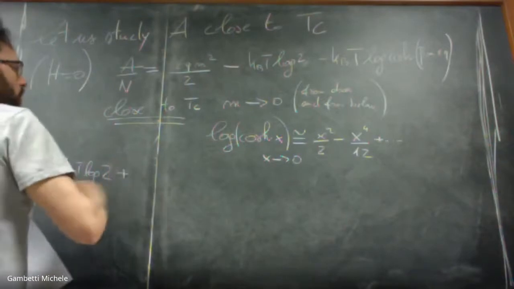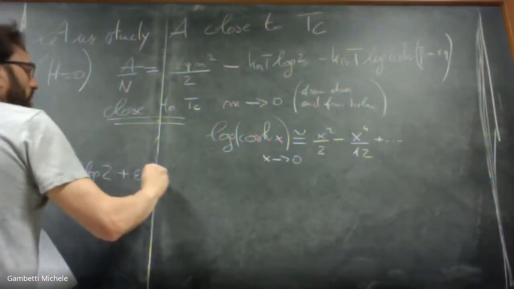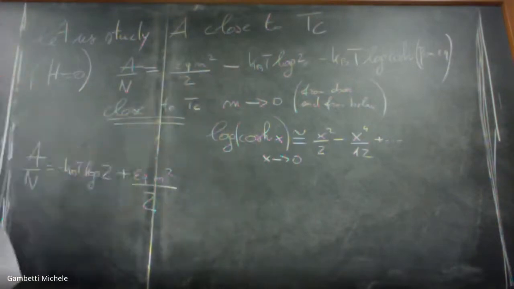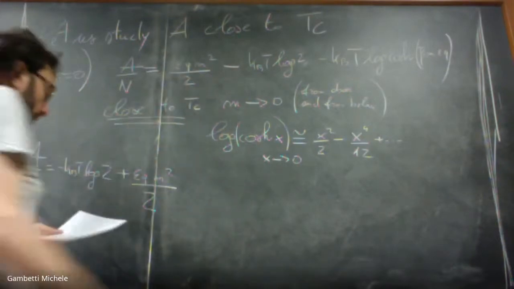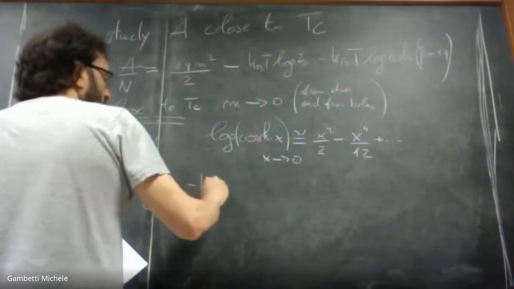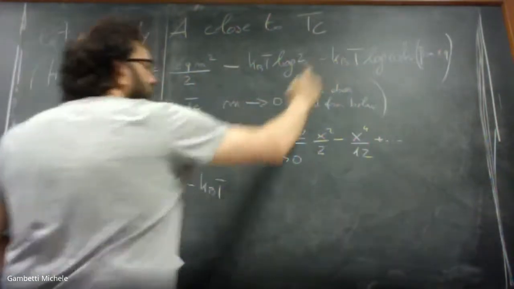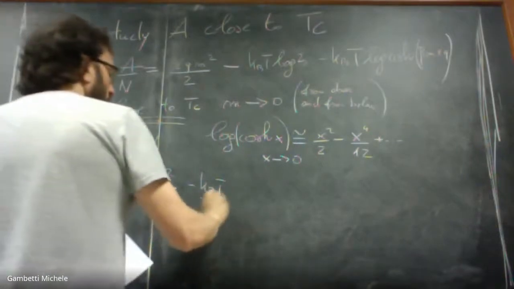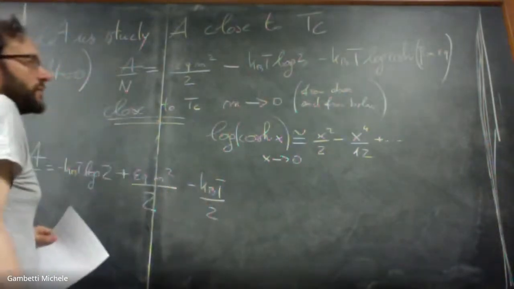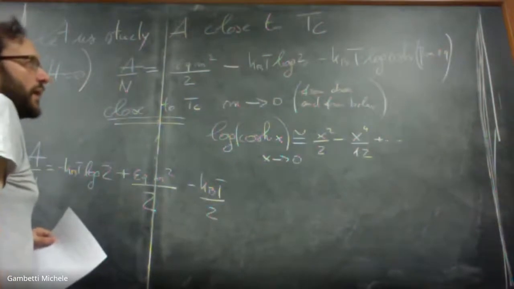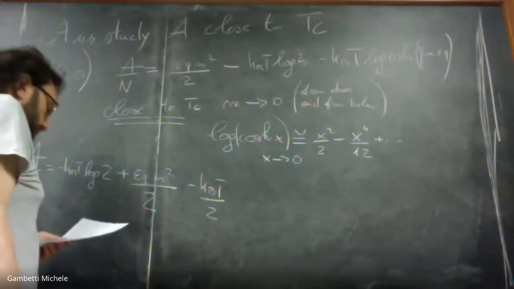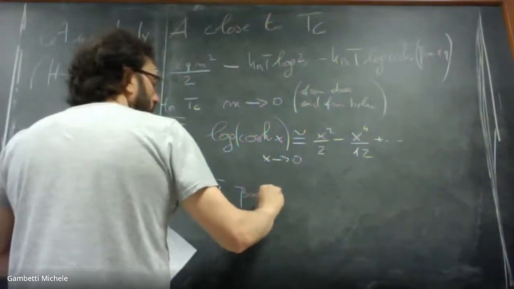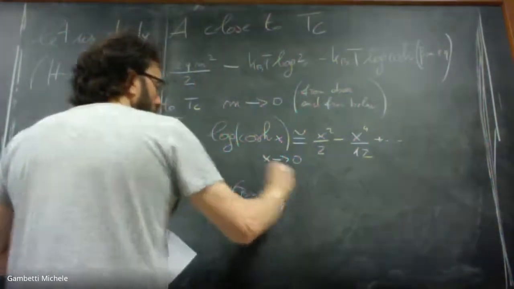And then I have epsilon q m squared divided by 2, which is this quantity here. And then I have a minus k_B T, which is this, and x squared divided by 2. So here I have a 2, and then I have an x squared, which is beta squared m squared epsilon q squared. So we have a beta and epsilon q squared.